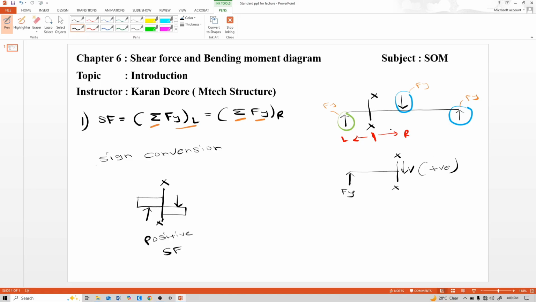When we take this is left. This is detail A. And see this side.